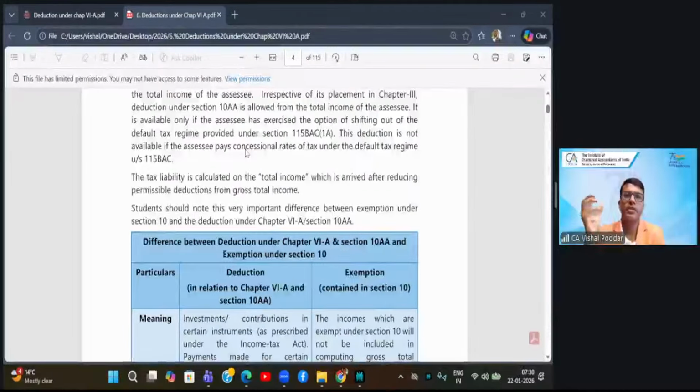Now you'll say, sir, if SEZ is an industrial area, then what is the difference between it and the other industrial areas that already exist? The difference is that when India started growing and industrialization started, various types of labor laws, and various other restrictions and conditions on industries also started developing. So you have the Industries Act, the Workmen Compensation Act, so many laws applicable to industries.